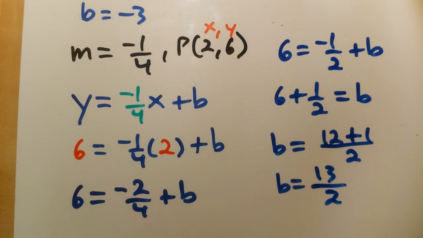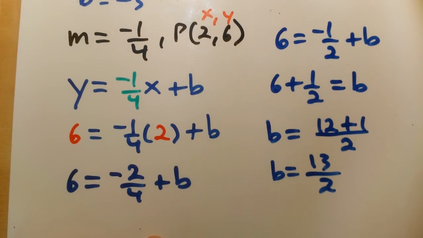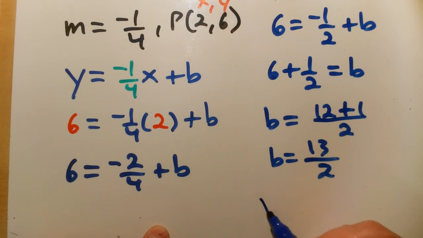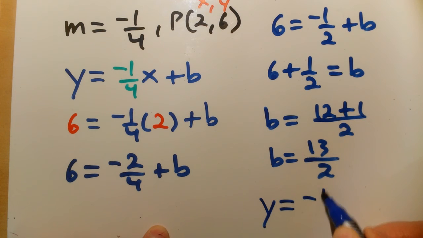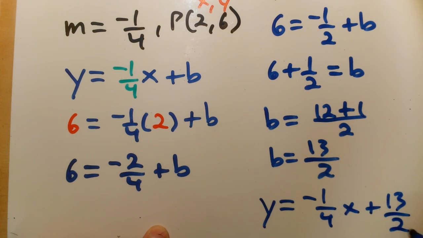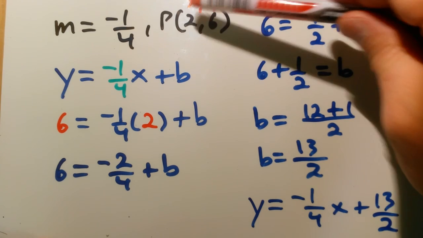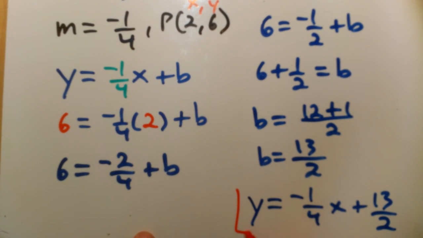We found our y-intercept, so we substitute it into our equation, and our final answer will be y equals negative 1 over 4 x plus 13 over 2. So this is the equation of a line that has this slope and passes through that point.